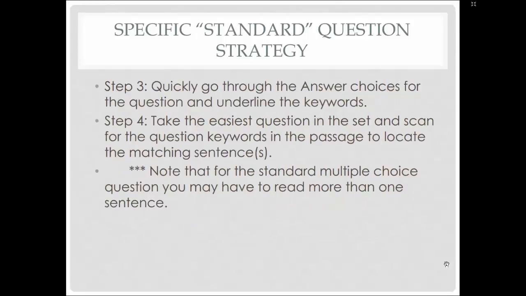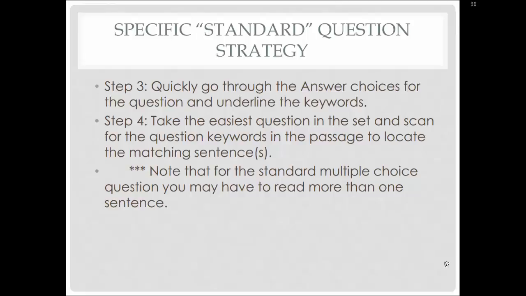After you have found the sentence where the question is coming from, you want to quickly go through the answer choices and underline the keywords. All right, that's really helpful too. I say in step number 3, after you know which questions are the easiest to do, you pick a question out, look at the answer choices and underline the keywords in the answer choices.